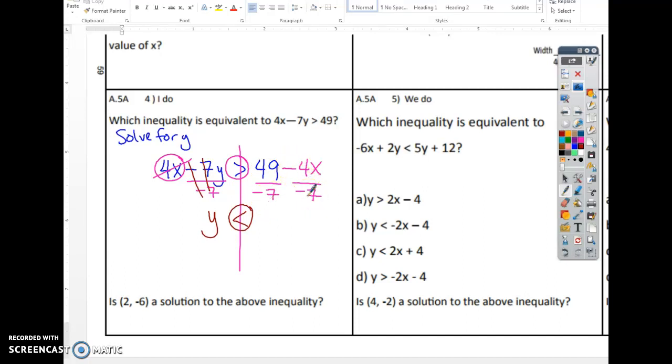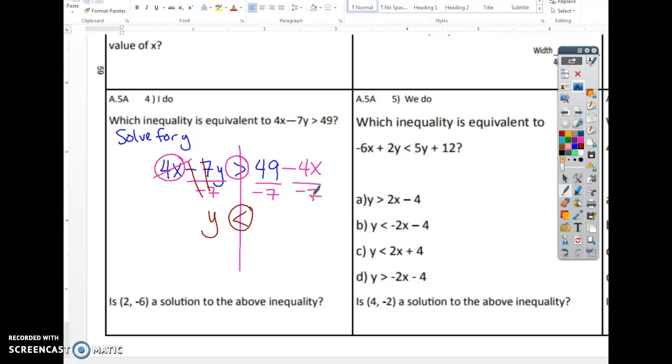Put this in the calculator, math, enter, and see what it gives you. 49 divided by negative 7, enter. Math, enter. And then negative 4 divided by negative 7, enter.